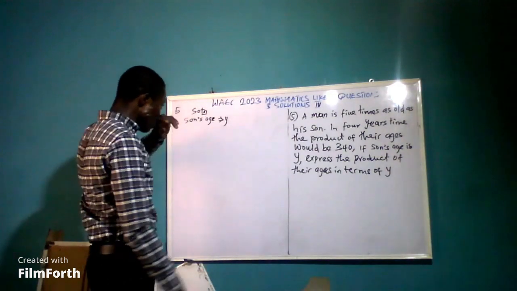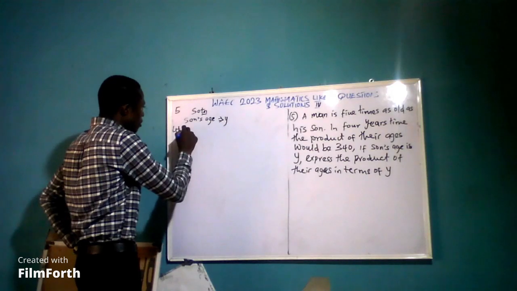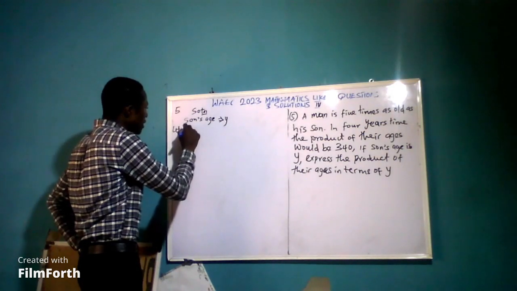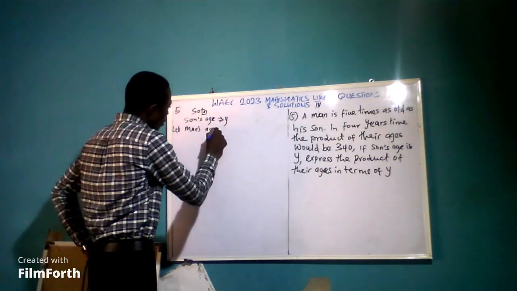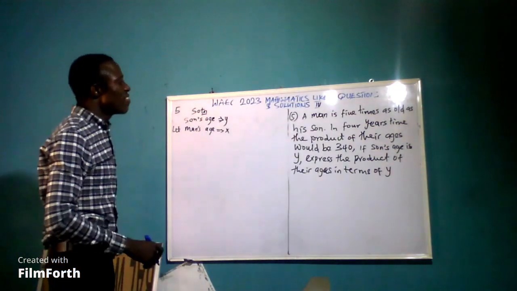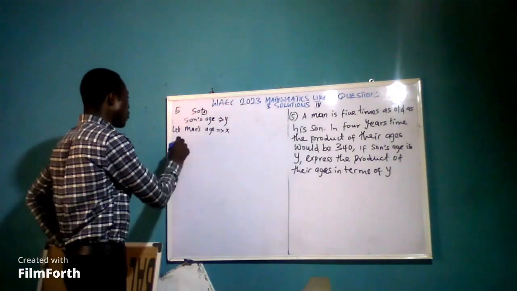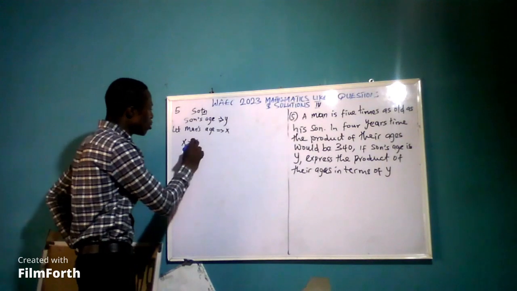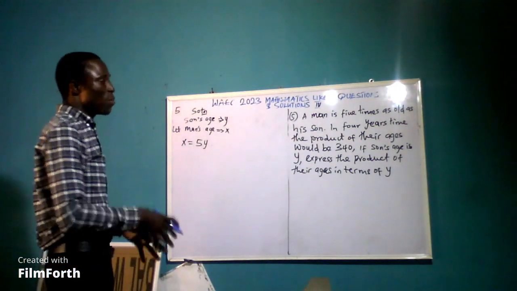Let the age of the man, man's age, imply x. And we are told that the man is 5 times as old as his son. Therefore, the age of the man, which is denoted as x, is equal to 5 times the age of the son at this present moment.